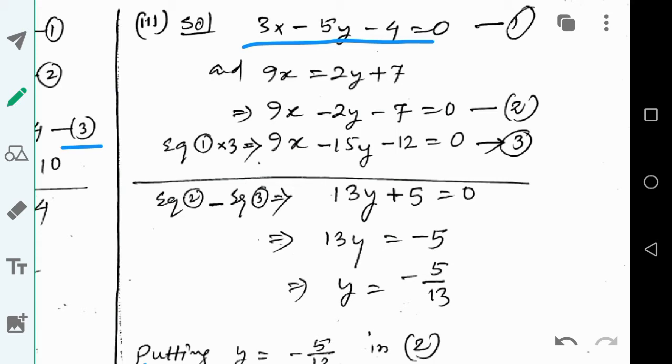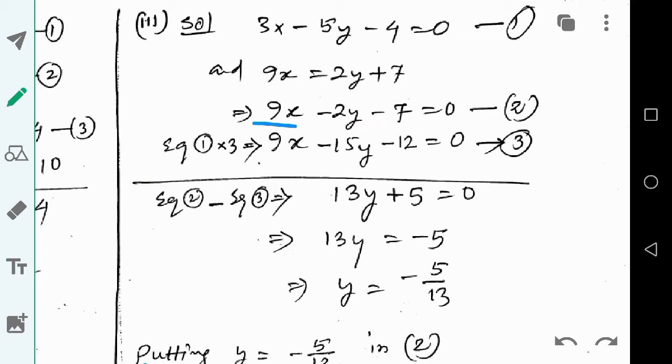In order to bring the next equation in the same form, I have brought these two terms from the right hand side to the left hand side. So then what we have got here is 9x minus twice y minus 7 is equal to 0.